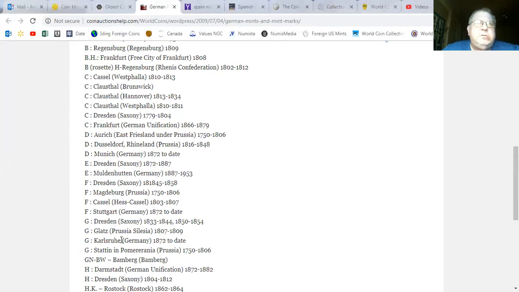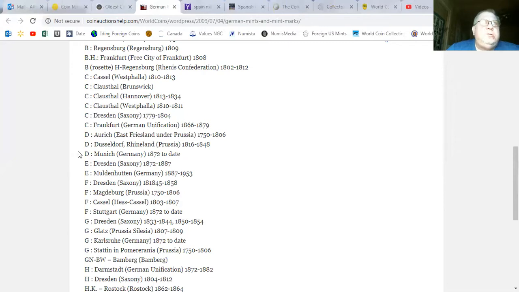They're still minting coins. Well, that'll tell you the denomination, if they keep track of records. There's a lot of countries that don't keep records of how many they actually make, coin-wise. And some are minted for like 10 years straight and there's no date change. But from 1872 to date, of that G mint mark, let's say 1953 G on a 1 penny, might be more valuable than A, or where's the other one that comes from?